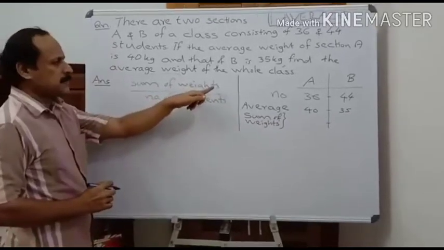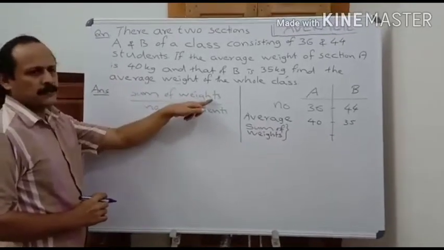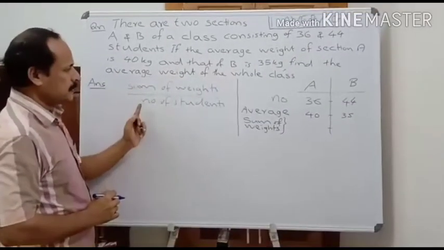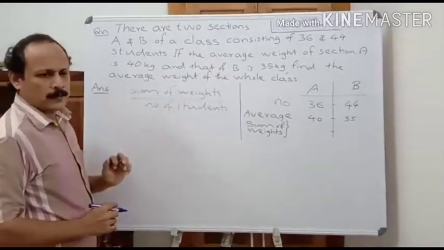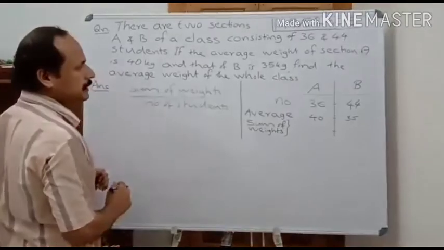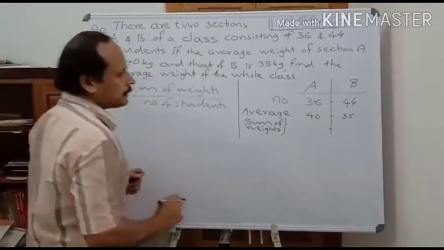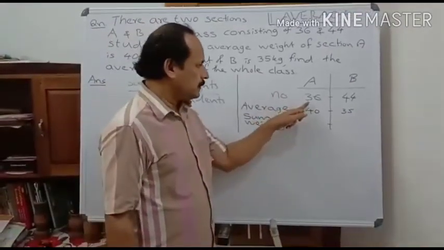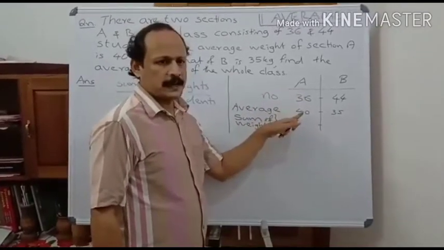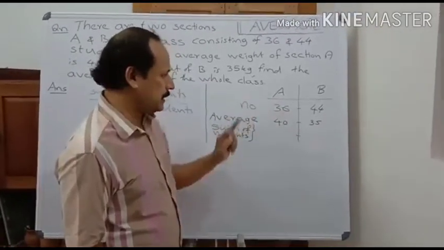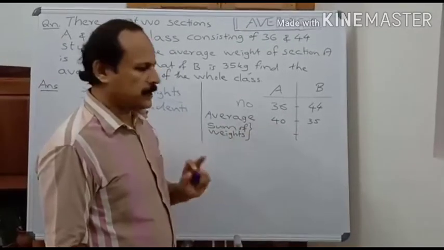Remember that this is the sum of weights of all the students in the class by the total number of students in the class. And here for section A, the number is 36 and the average is 40.